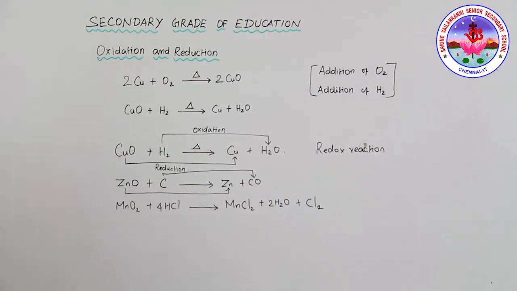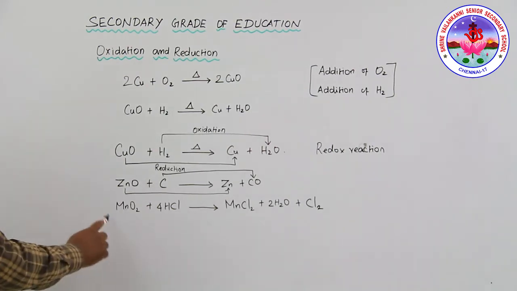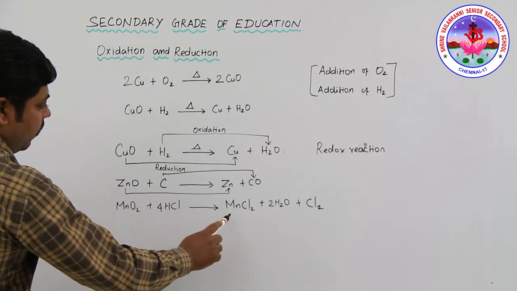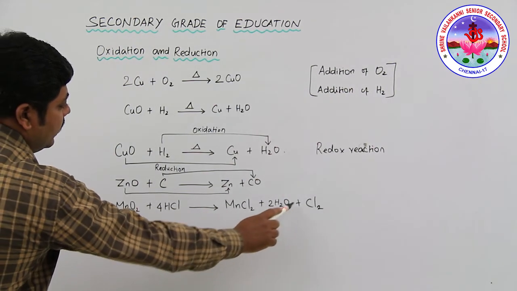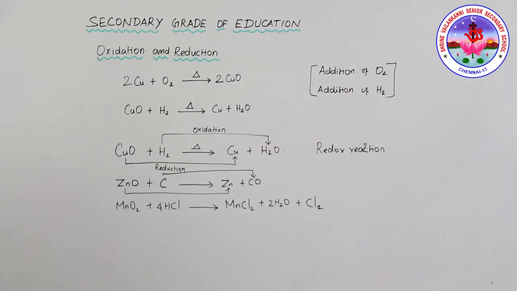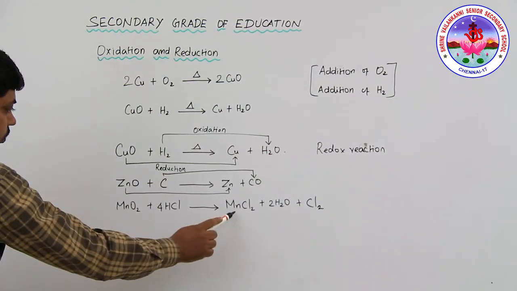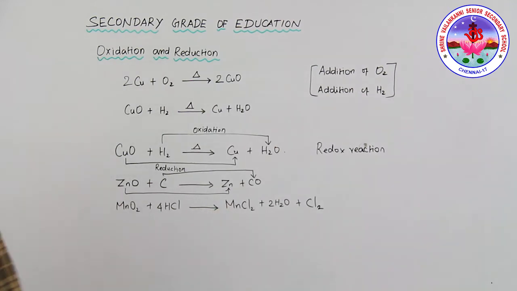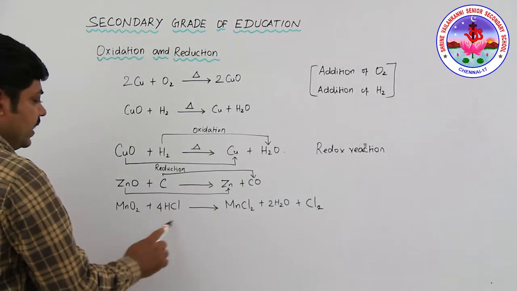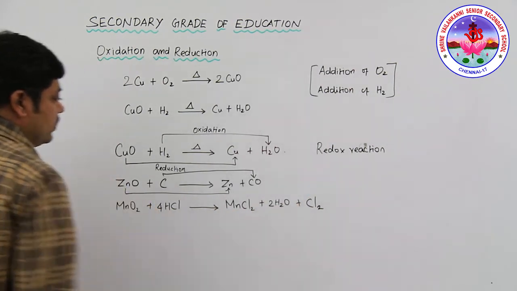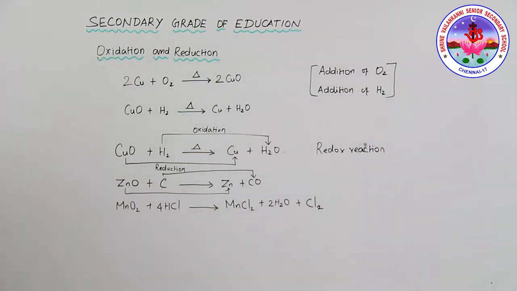Then manganese dioxide reacts with hydrogen chloride to form manganese chloride, water and chlorine. Here manganese dioxide is reduced to manganese chloride, and hydrogen chloride is oxidized to chlorine. So this reaction is also an example of oxidation and reduction.